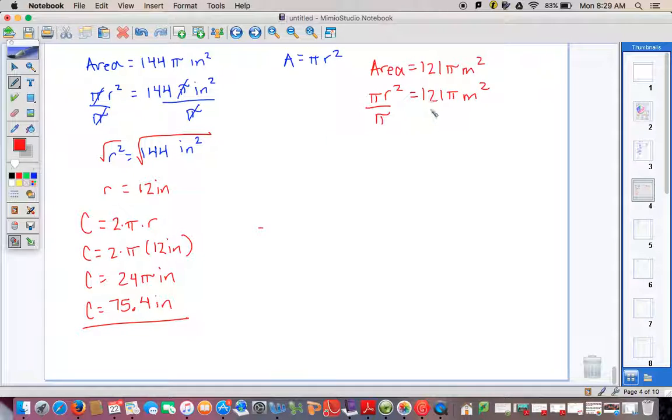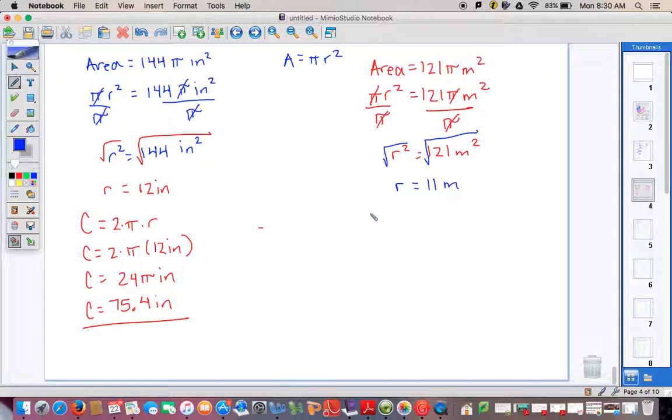If we divide both sides by pi, our pi's cancel, and we're left with r squared equals 121 meters squared. The inverse function of squaring something is taking the square root. So we take the square root of both sides, and we're left with r is equal to 11 meters.